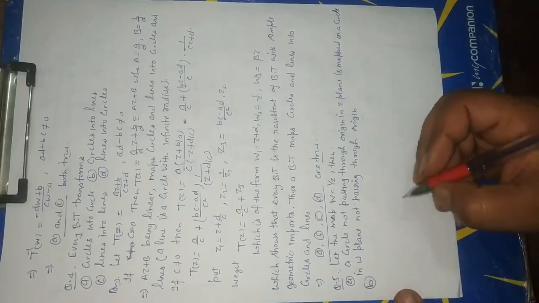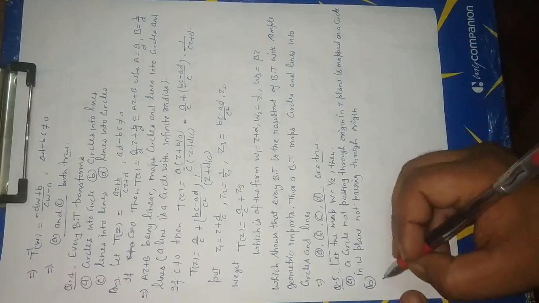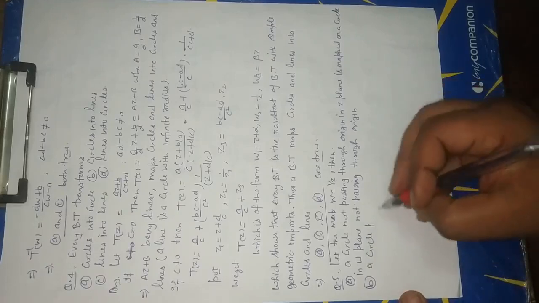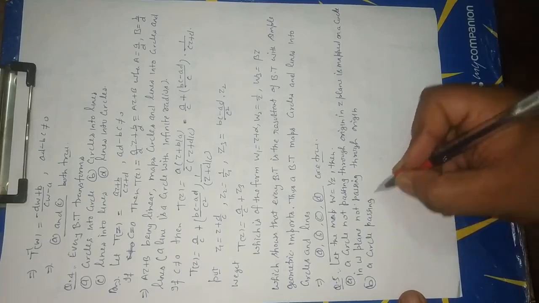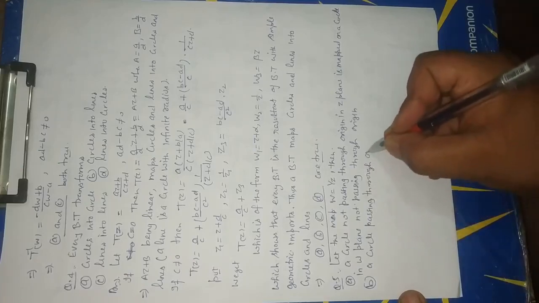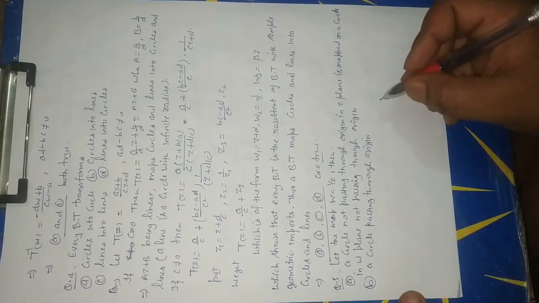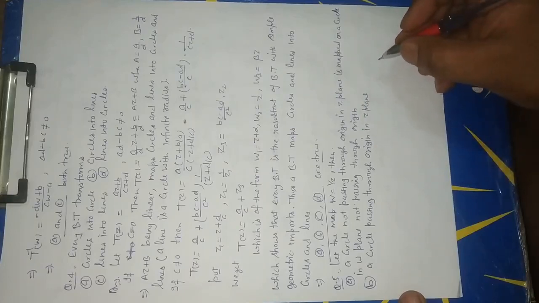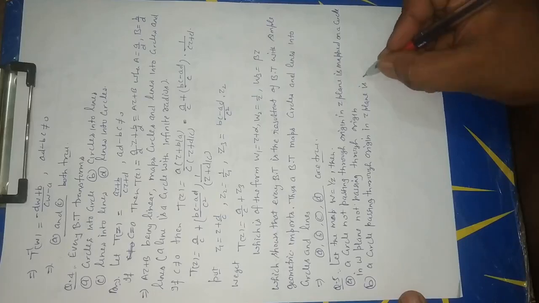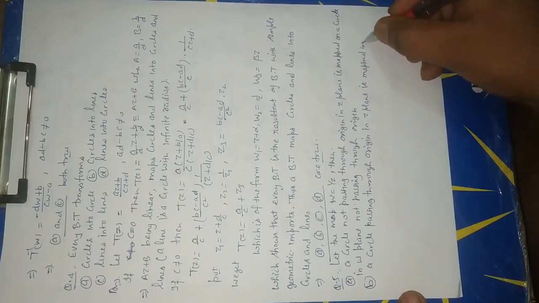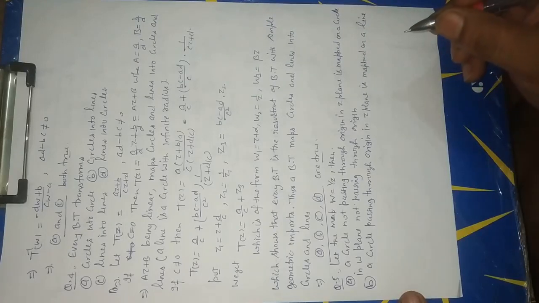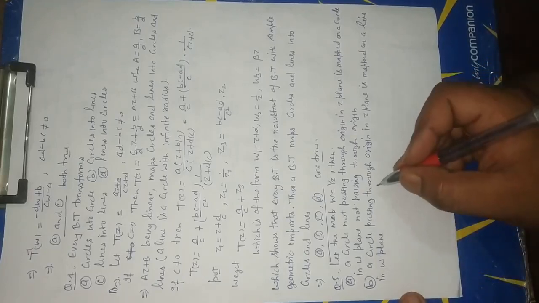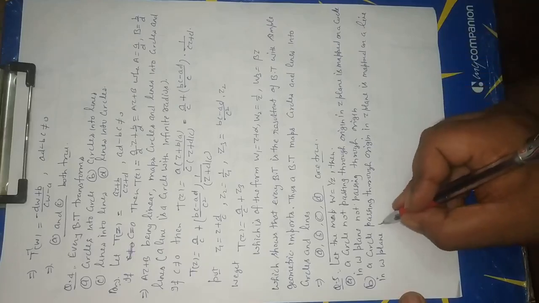B option, a circle passing through origin in z plane is mapped on a line in W plane not passing through origin.